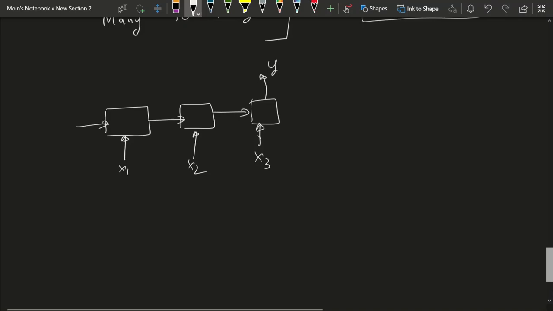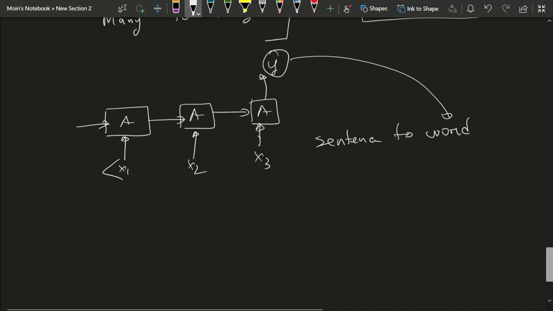So this will be provided the chain rule, and it could be predicted as sentence to word, where y represents a word and x is a sequence of a sentence, and a is the recurrent neural network, where the middle ones are the hidden states that it actually works upon.